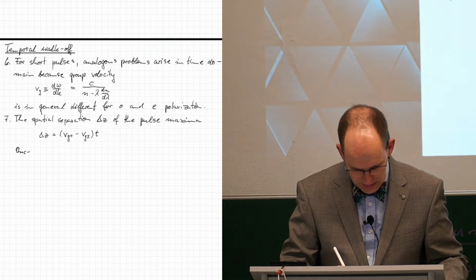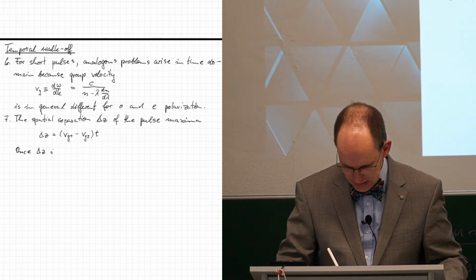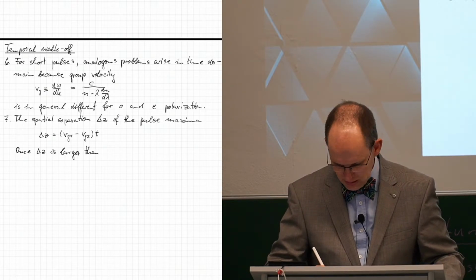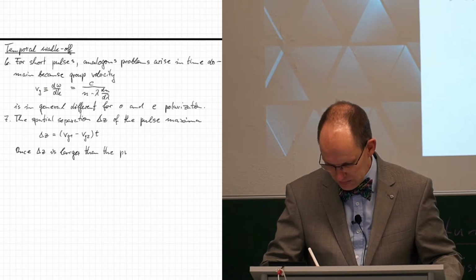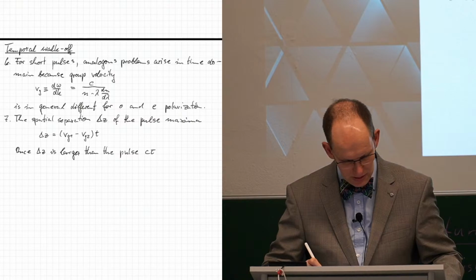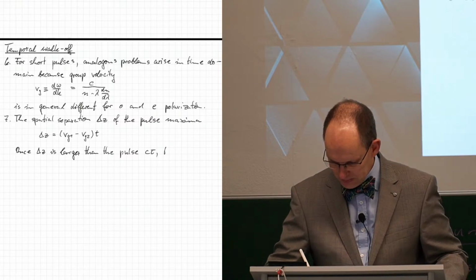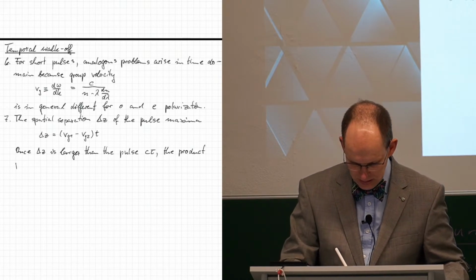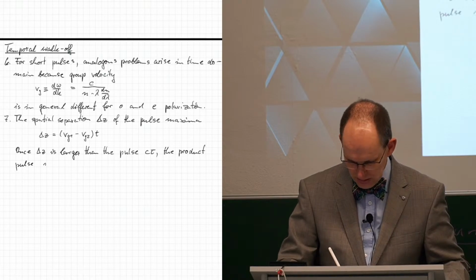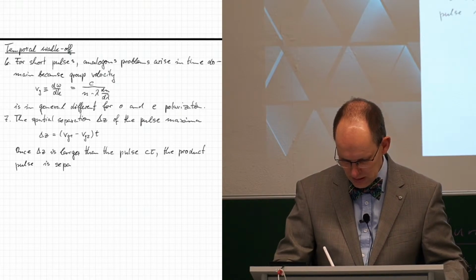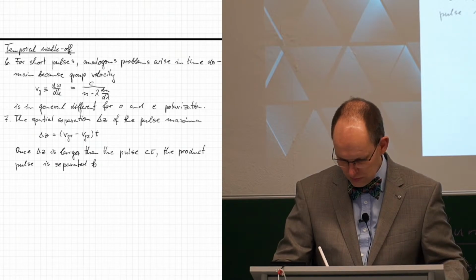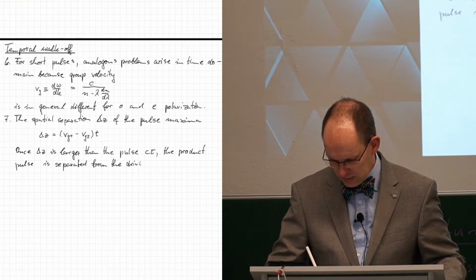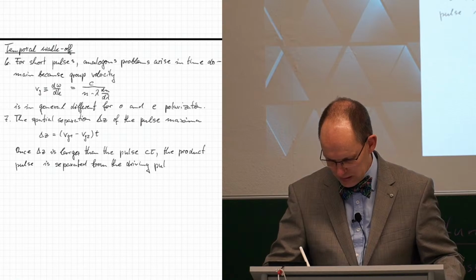Once delta Z is larger than the spatial pulse length, c times tau, the product pulse is separated from the driving pulses, or in the case of second harmonic generation, just the driving pulse.